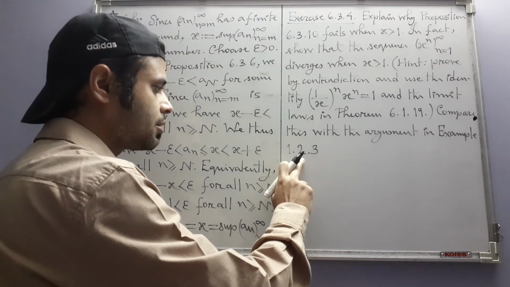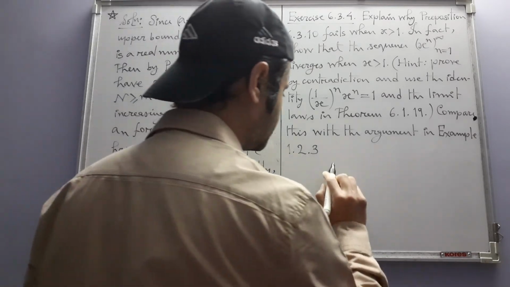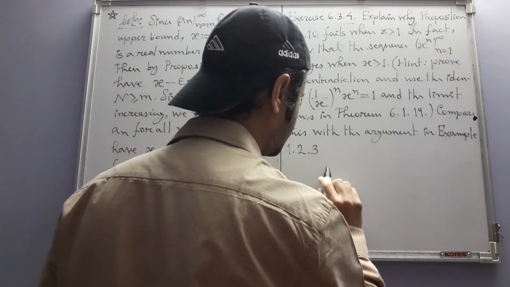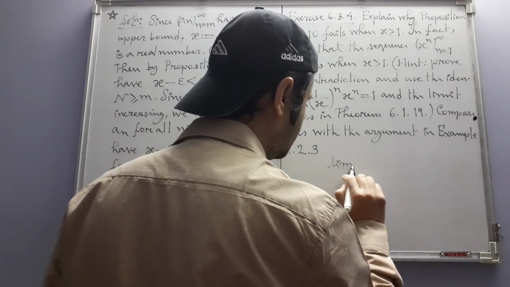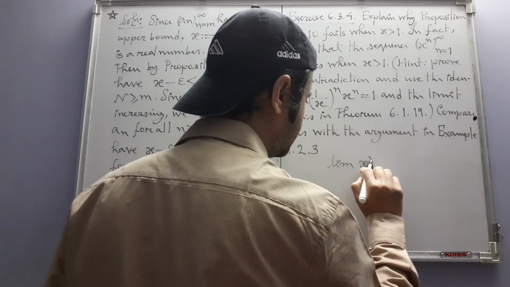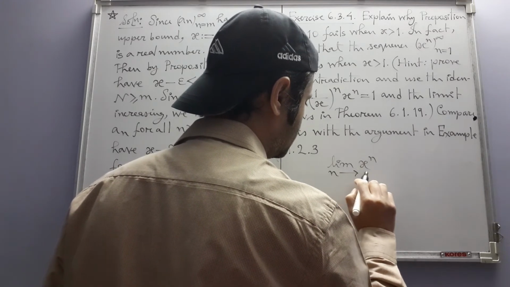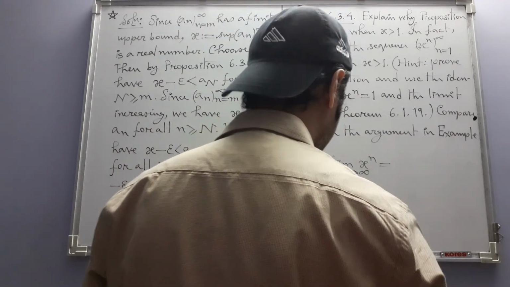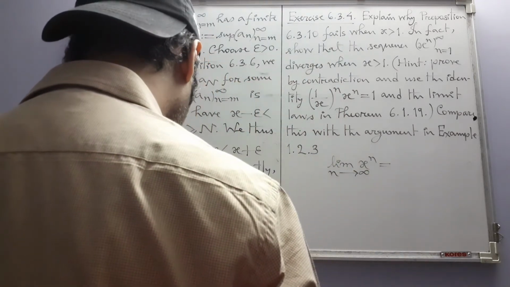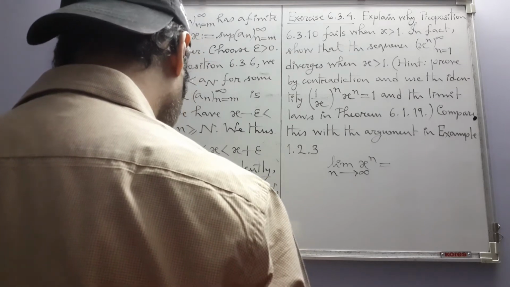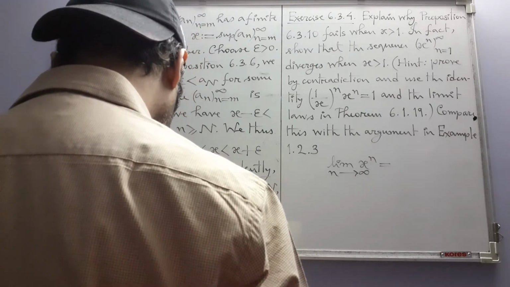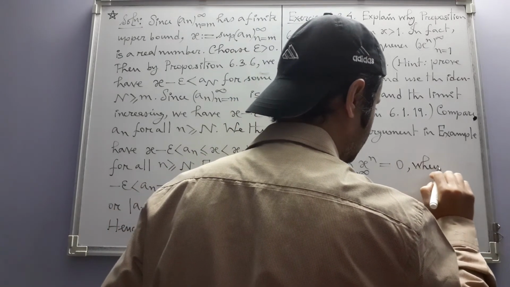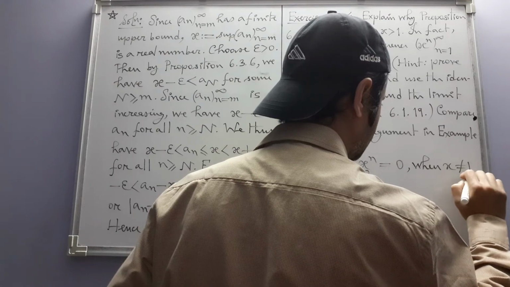So it is one such thing that we saw back then when we were discussing these examples, that we erroneously concluded that this limit is equal to 0 when x is not equal to 1.